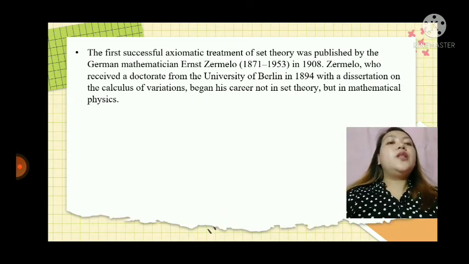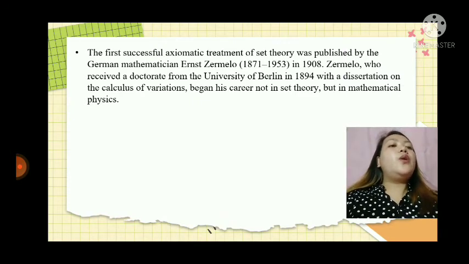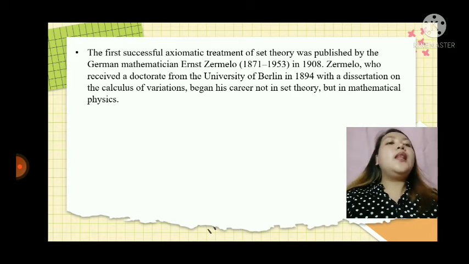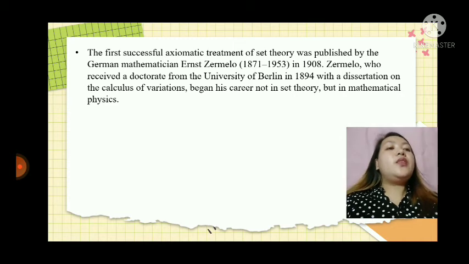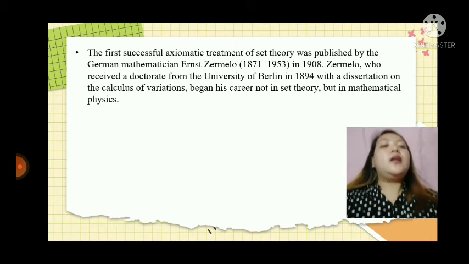The first successful axiomatic treatment of set theory was published by the German mathematician Ernst Zermelo in 1908. Zermelo, who received a doctorate from the University of Berlin in 1894 with a dissertation on the calculus of variations, began his career not in set theory, but in mathematical physics.